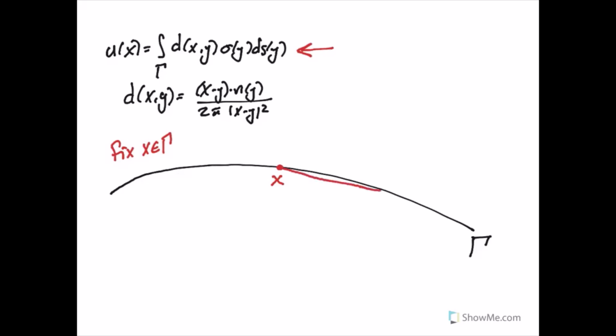So what is happening here? Well, if we take a point y somewhere on the boundary, and then we have the unit normal vector n of y. So here is the vector x minus y. You see that the angle here, alpha, converges to pi half as y converges to x, right?